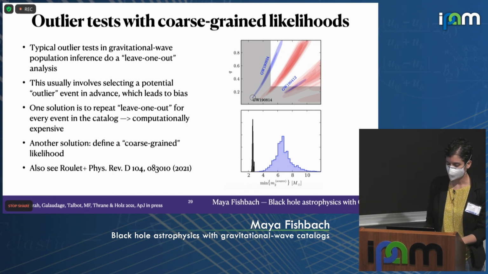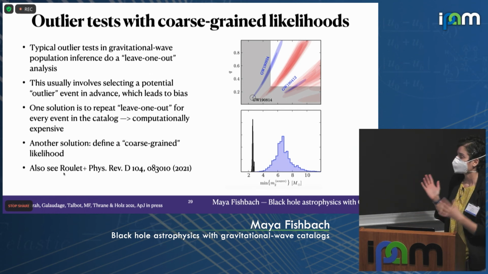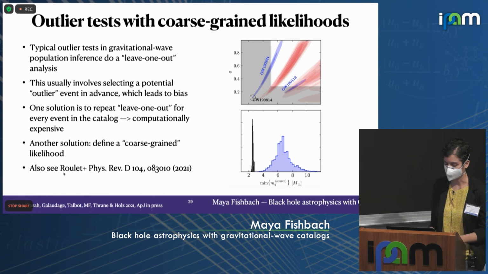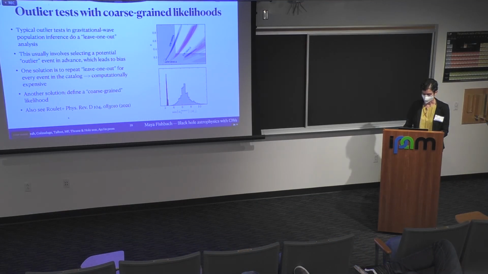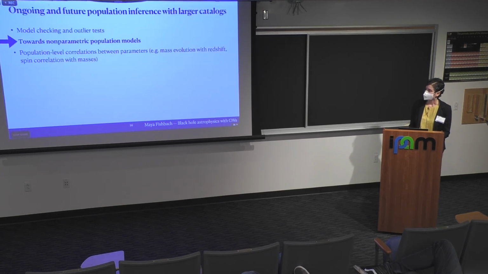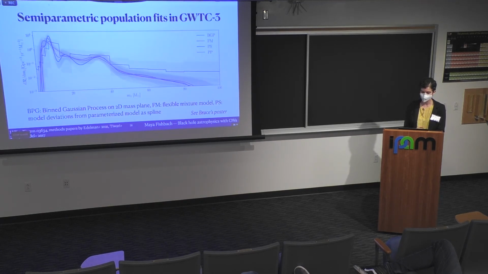There's another similar kind of outlier analysis, model checking thing that Javier had in a recent paper of his, so I think we can also talk about that at some point. Another thing I quickly wanted to mention is these non-parametric population models.